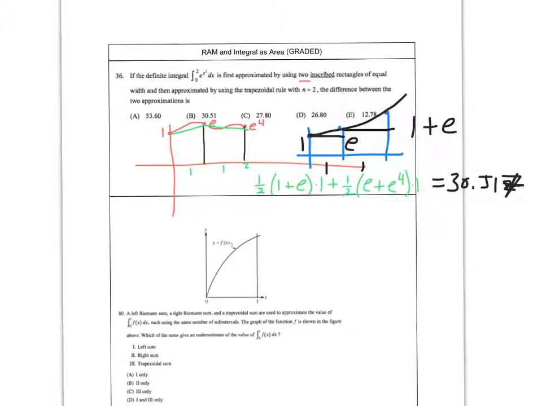And 1 plus e is going to be about 3.718. Okay, when I subtract those, I get a difference of 26.799, which is going to be 26.8.